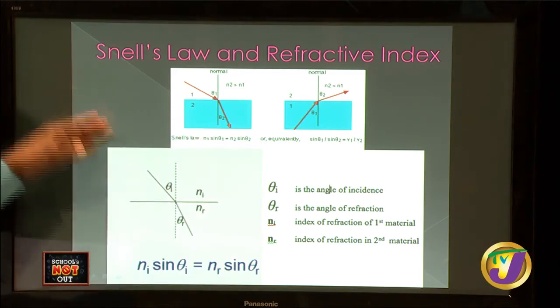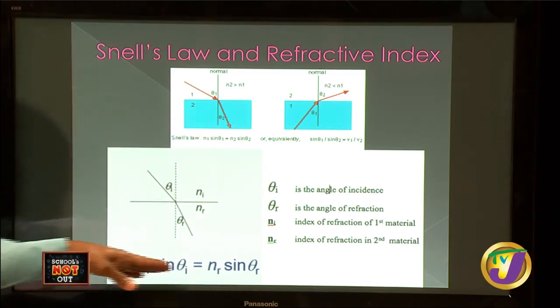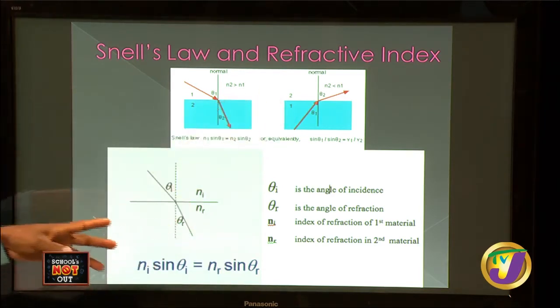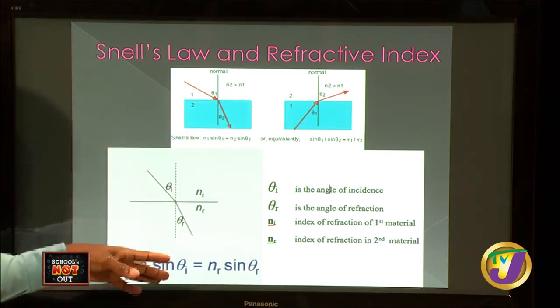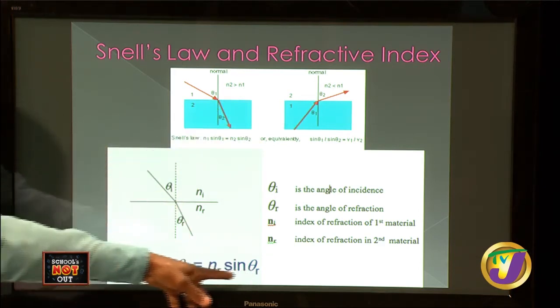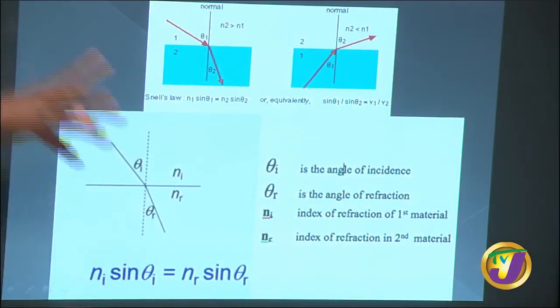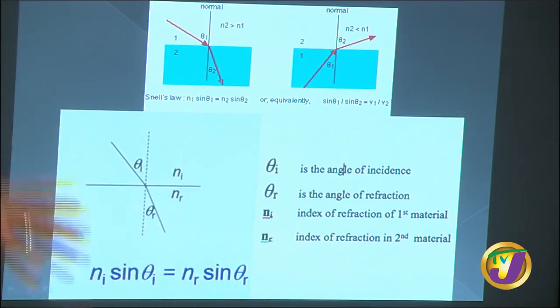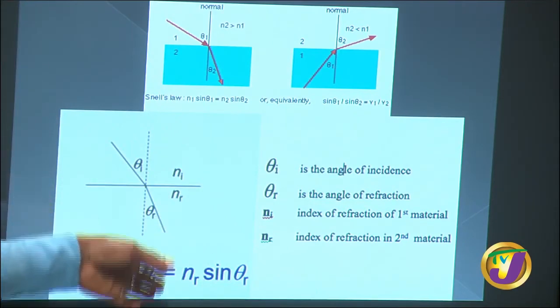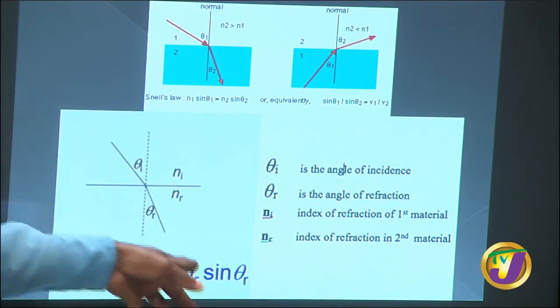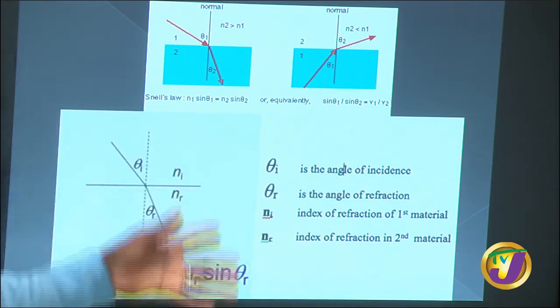Now this general equation here is just like that. I'll get to that when we work on the question, but just know that this is the general equation for refraction. Ni is the refractive index of the first medium, Nr is the refractive index of the second medium, sine theta I is the angle in the first, sine theta R the angle in the second.